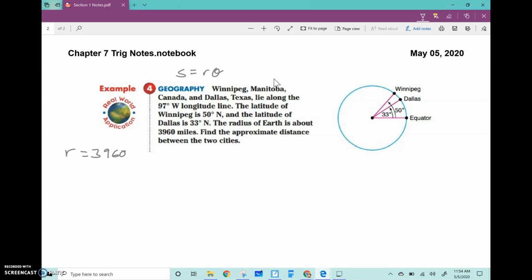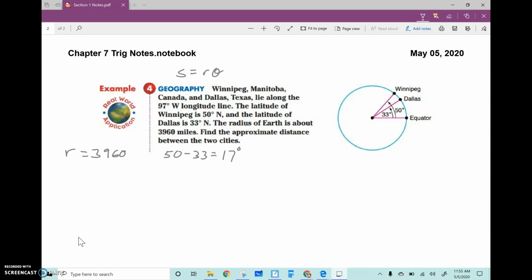So what we're going to do is use 17 degrees. The way I got 17 degrees is I'm going to take 50 and subtract 33 from it, and that gives me 17 degrees. The reason behind taking 50 and 33 is because we're using the latitude of both of the cities.